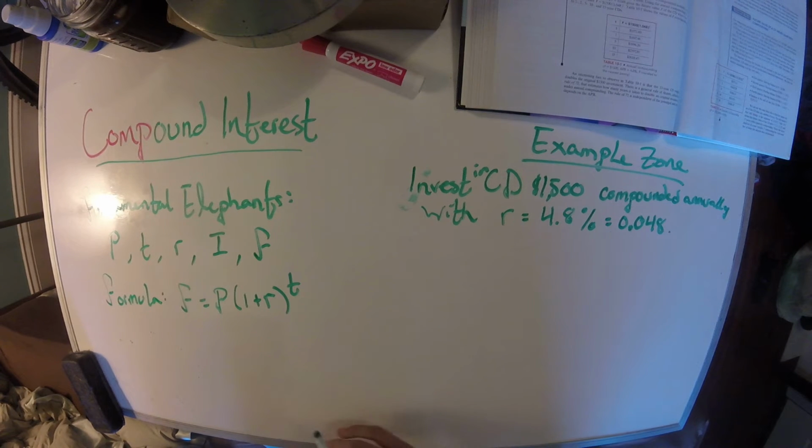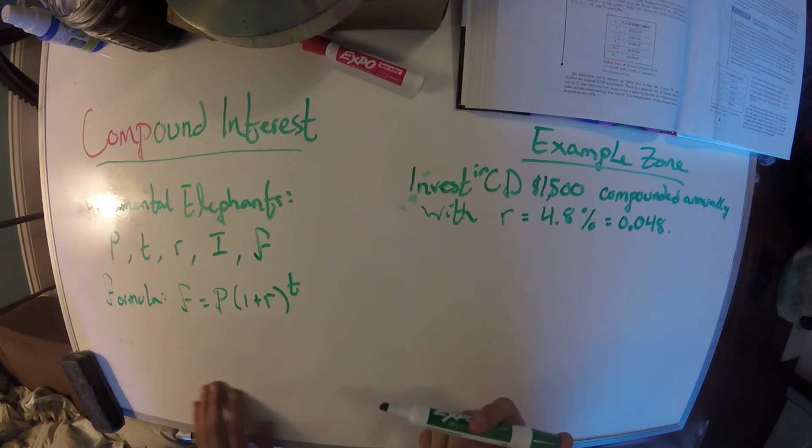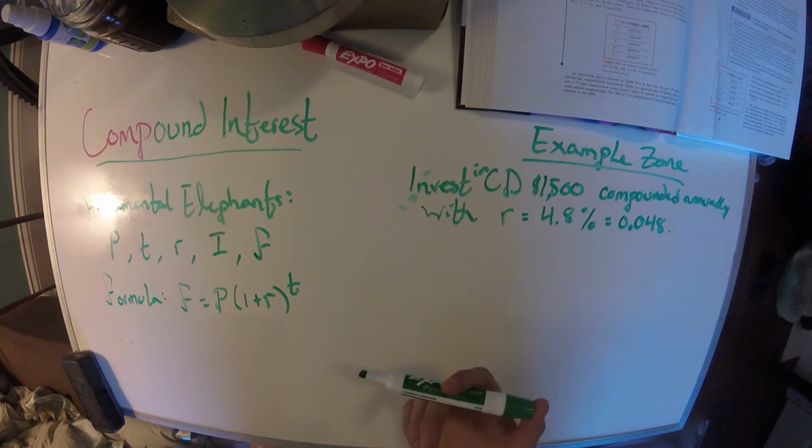So in the case where something doubles every time, say the amount of money were to double every time, that would be equivalent to an R of 1, because you're getting 100% interest every time.